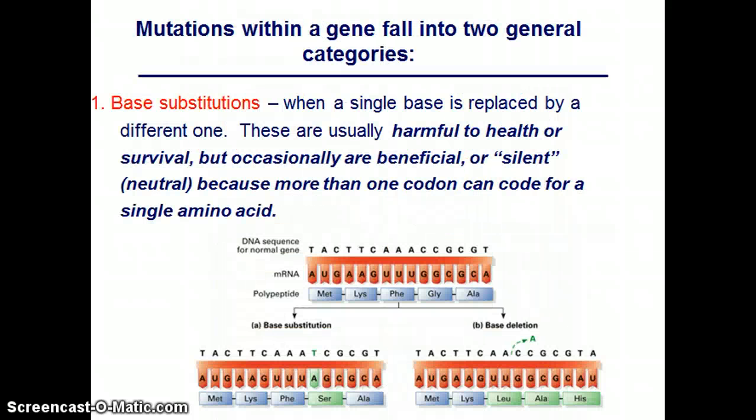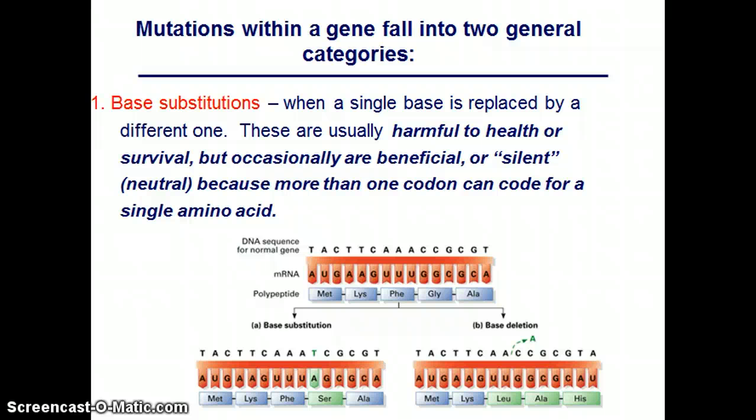So mutations within a gene fall into two general categories. You can have base substitutions. This is when a single base is replaced by a different one. These are usually not as bad. They're survivable. They can be silent. You may not know that there is a mutation, or they can be beneficial. But the main point here is it affects only one base, so it really only affects one amino acid.